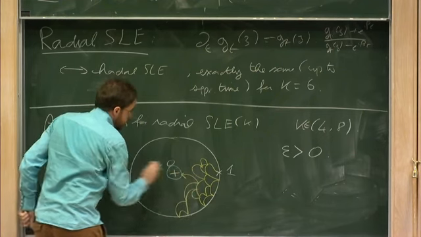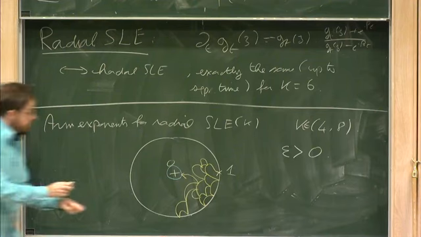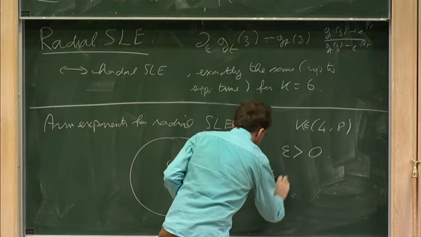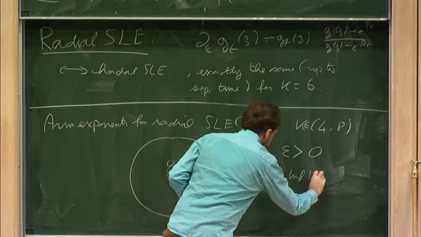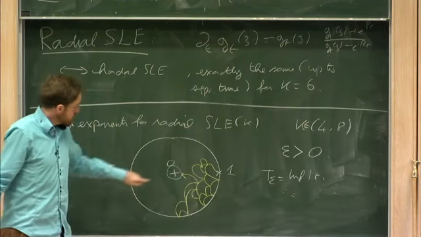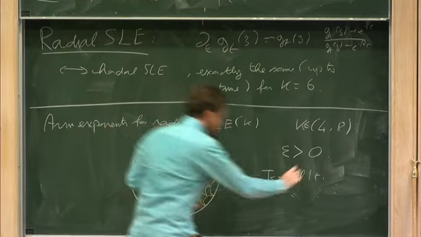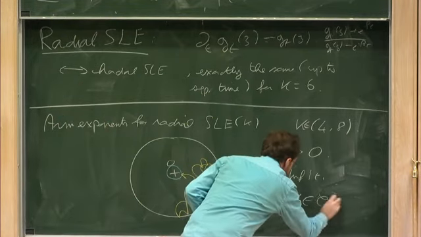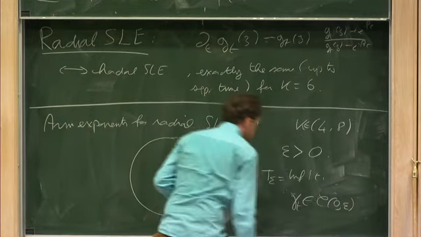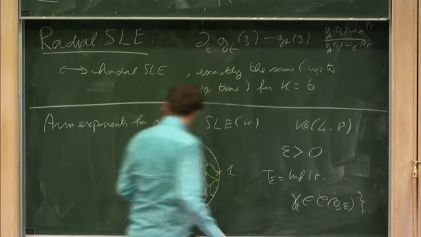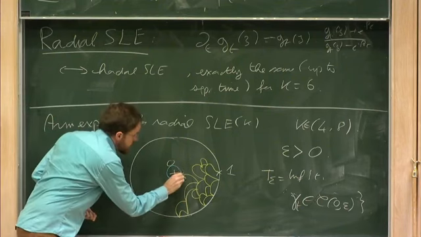So until this time here. So T sub epsilon is the inf of times such that gamma T is on the circle around 0 of radius epsilon. So it's exactly this stopping time here.